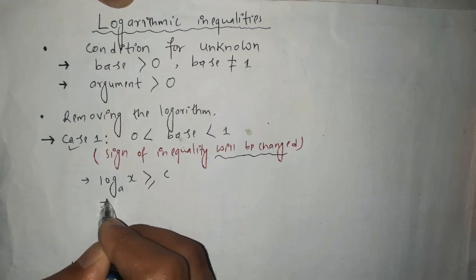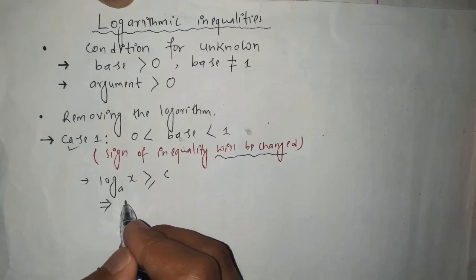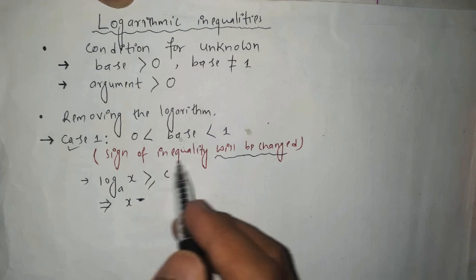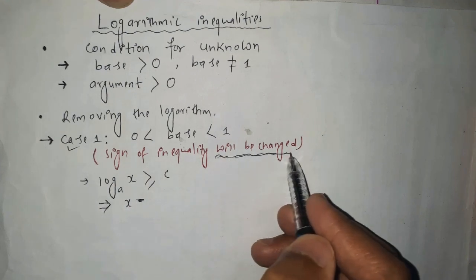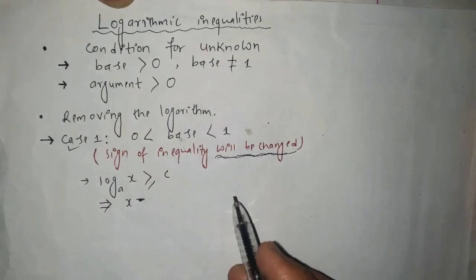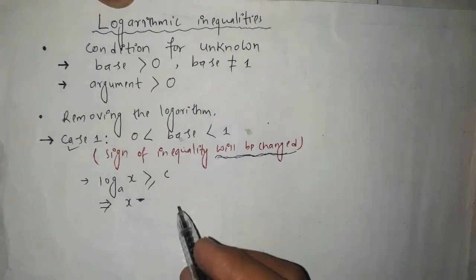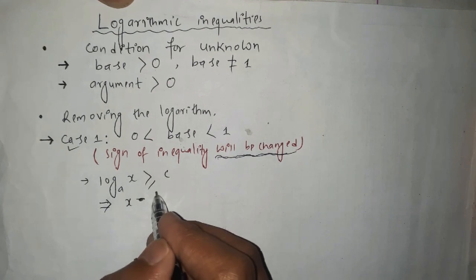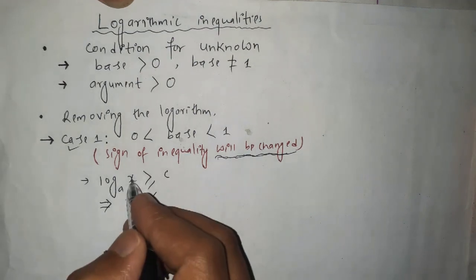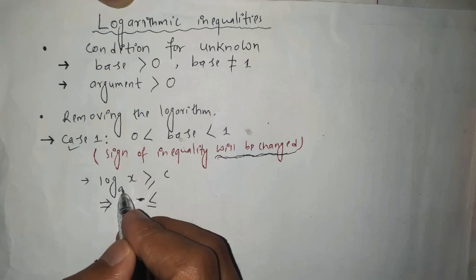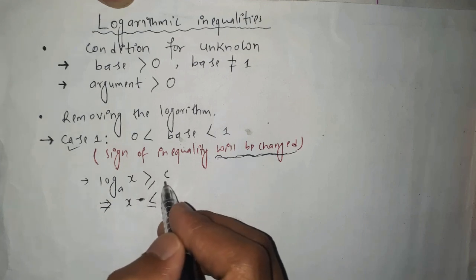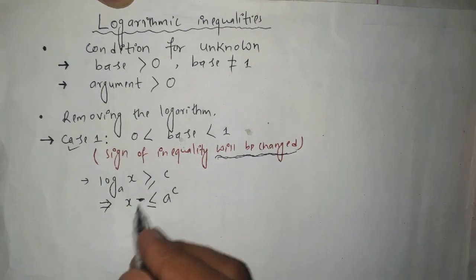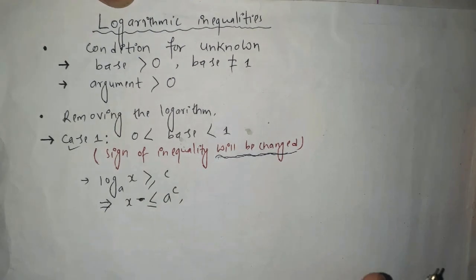This is equivalent to the value of x, and remember the very important point, the sign of the inequality will be changed in this case. The opposite sign will be less than or equal to. The value of x will be less than or equal to, and the base goes to the right hand side and it becomes a raised to the power c. Here we just remove the logarithm, we just convert it into the exponential form.